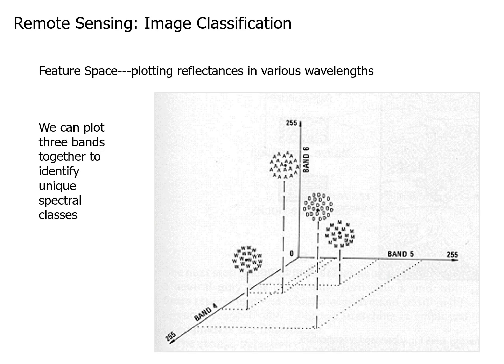And we usually look at these things in 2 dimensions, but we can look at them in 3 dimensions as well. So it doesn't matter what kind of image it is, band 4, band 5, band 6, and we have 4 classes. Each one is denoted with a letter: W, A, O, or M. And you can see that in this case, we're displaying the fact that there's variability, right?